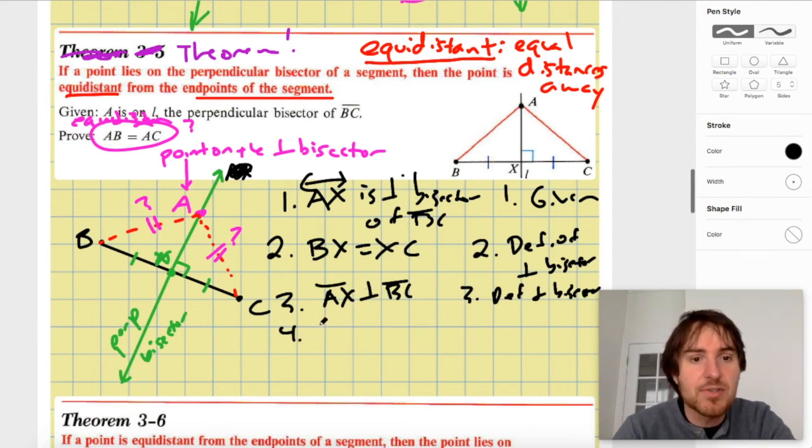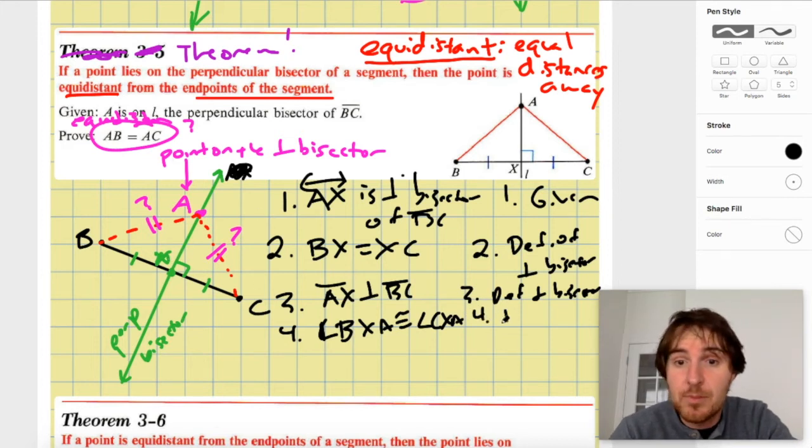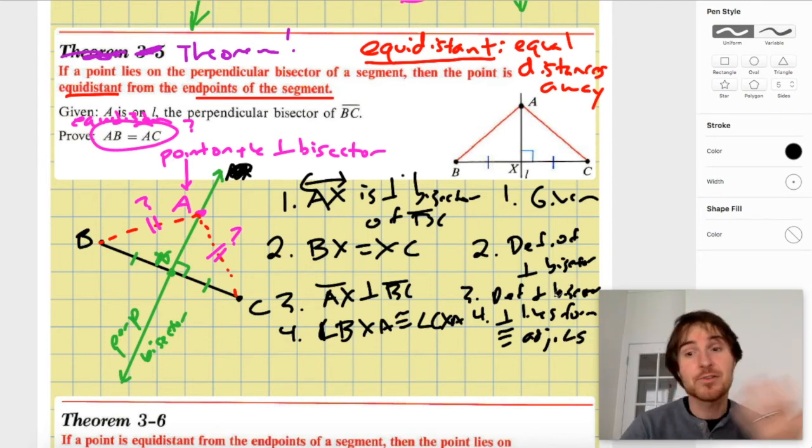Okay, so now I can also say that angle BXA is congruent to angle CXA. Why do I know that? Well, it's perpendicular here. So adjacent angles formed by perpendicular lines are congruent to one another. It goes all the way back to chapter 1. We get these 2 angles congruent.